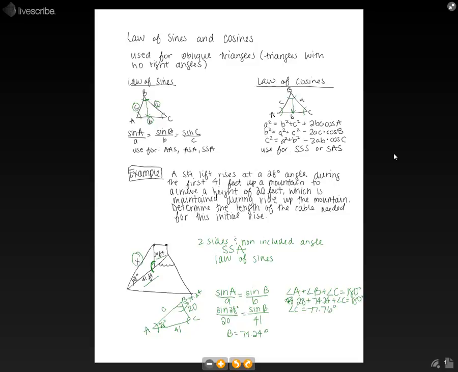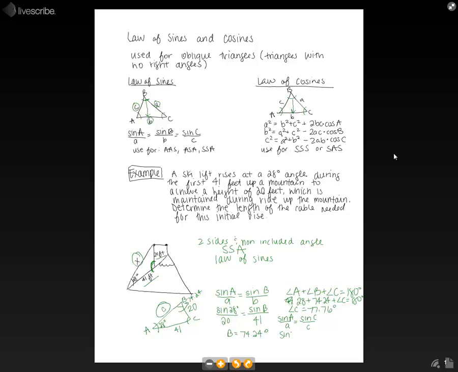77.76 degrees. So let's set up a new ratio using sine of A over a equals sine of C over c to find the side c that we're looking for, which is the x in our original picture.